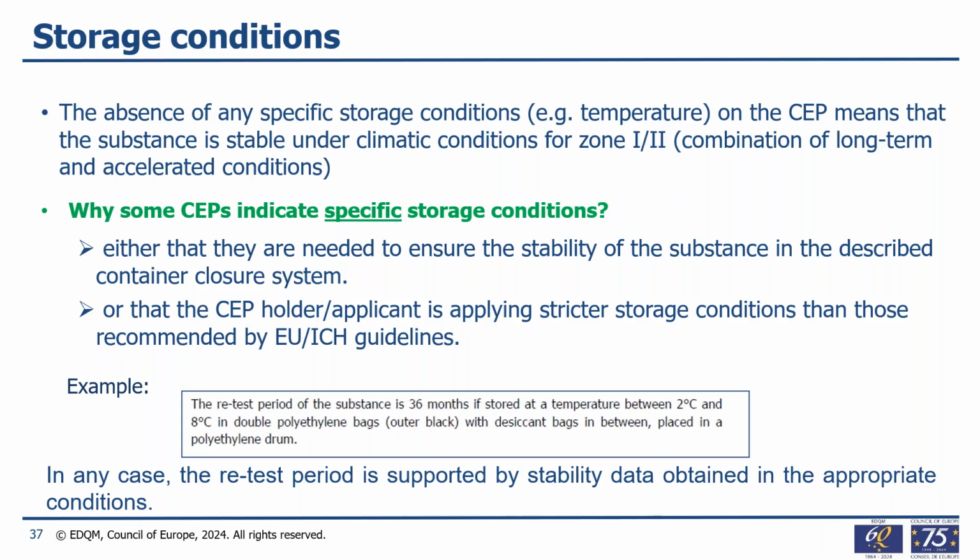For example, the retest period of the substance is 36 months if stored at a temperature between 2 and 8 degrees in the described packaging material. But in any case, the retest period is supported by stability data obtained in the appropriate conditions.